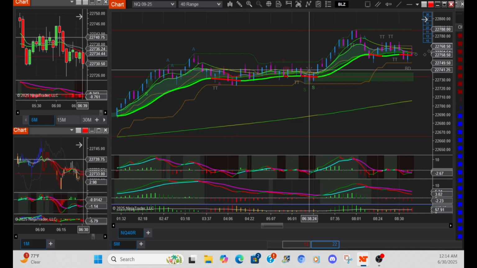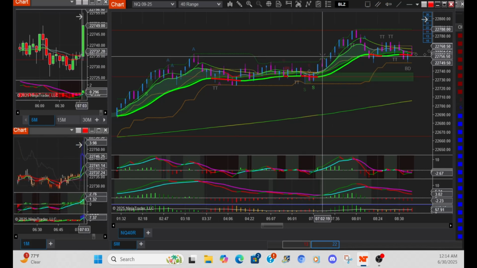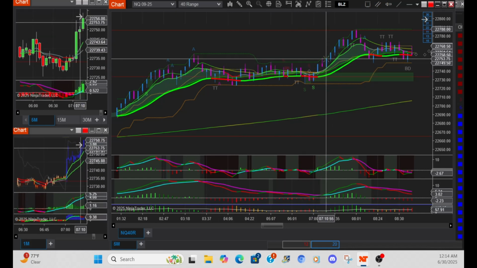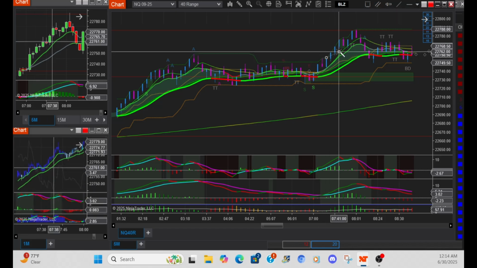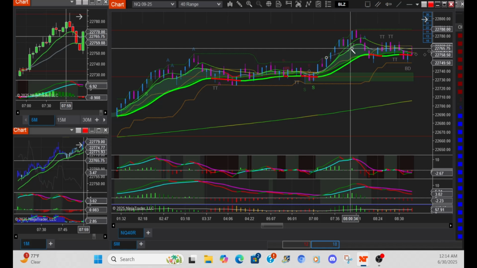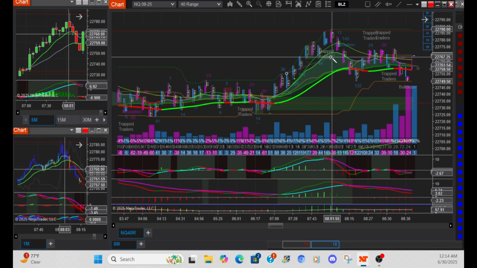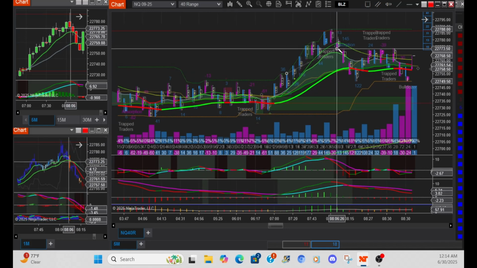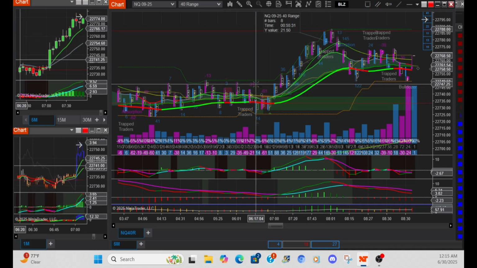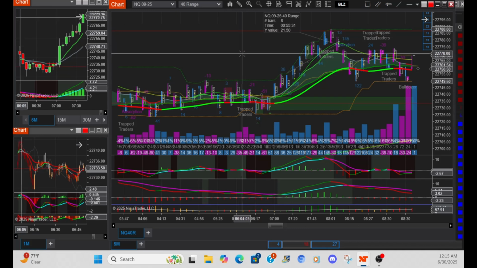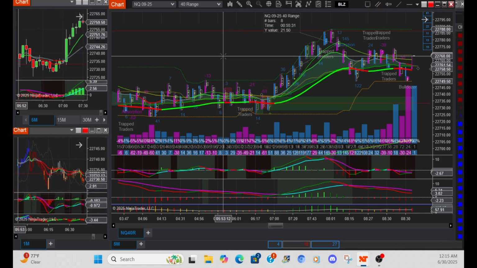We had a range. It broke above the range, pulled back, and then we got our run. Here to here. And that actually still helped. And there's our MA right there. And it came off of one.